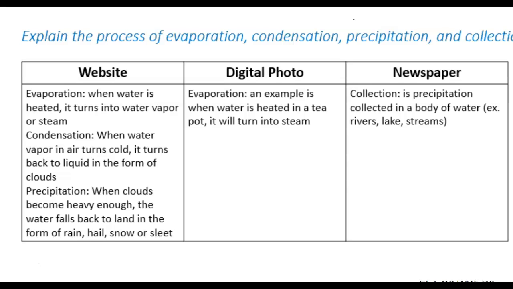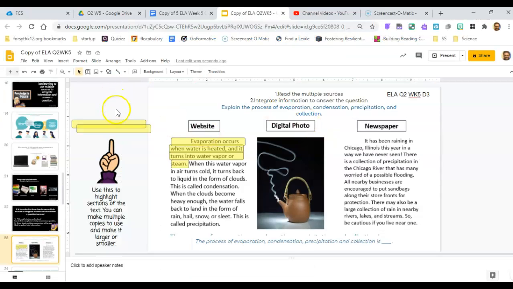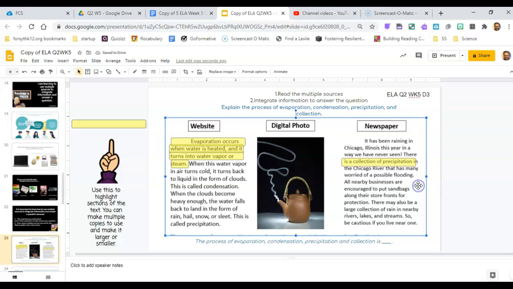The newspaper gave a definition of collection. It's precipitation collected in a body of water. And so that helps us to identify the last part of the question. Once again, if you want to bring this over, you can highlight what it is, collection of precipitation, and you would highlight the important parts, just like that.